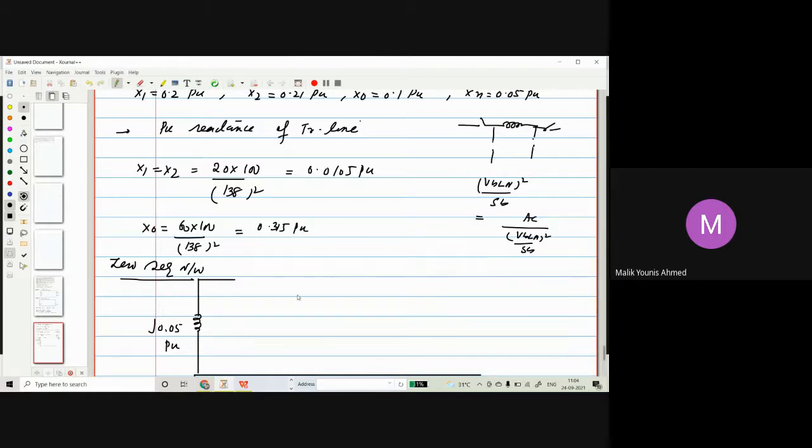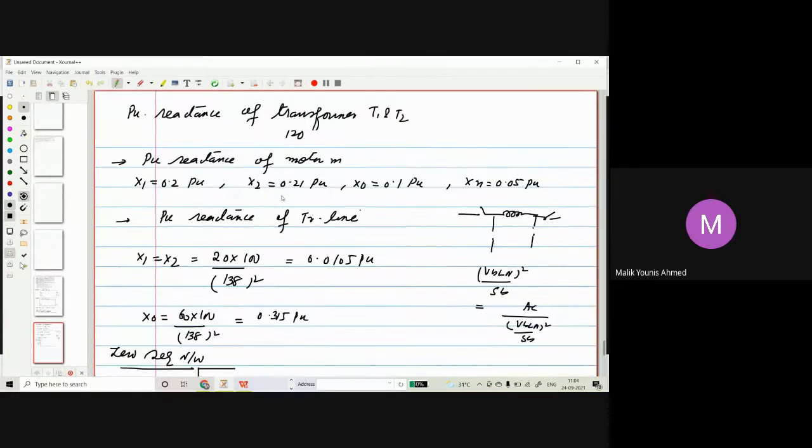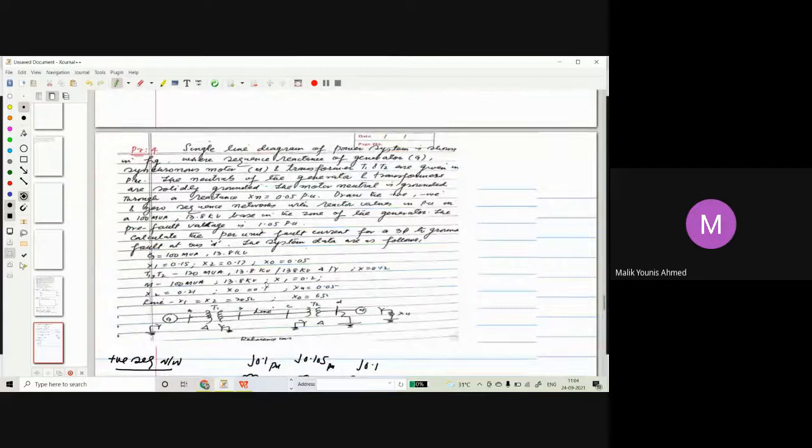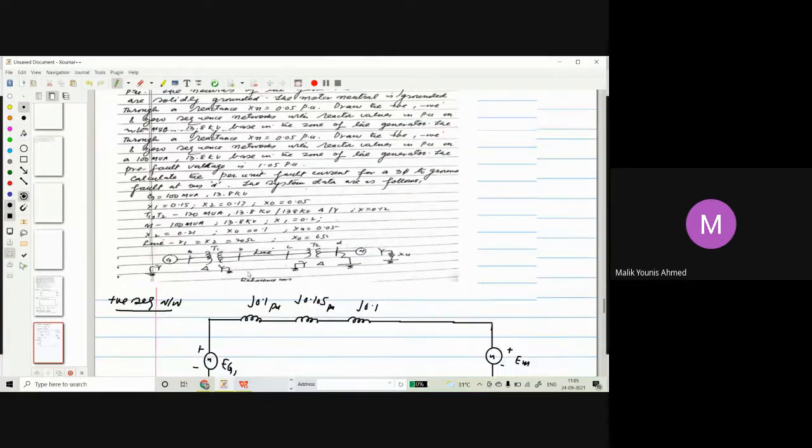Now in this case, what is happening? You can very clearly see the series switches will be opened and the shunt switch will be closed.